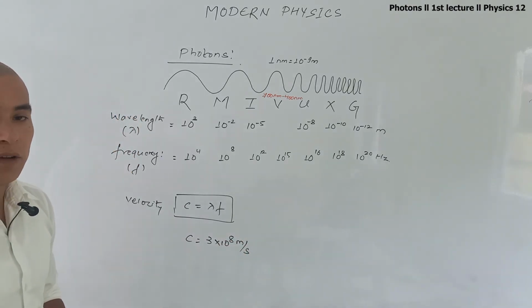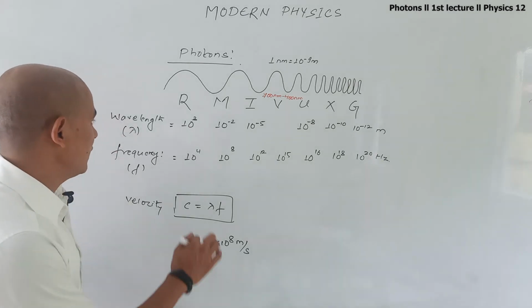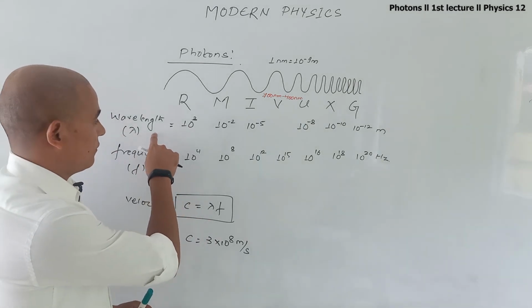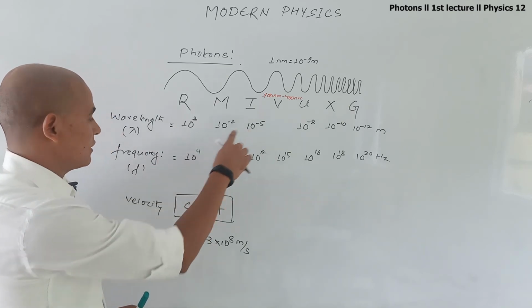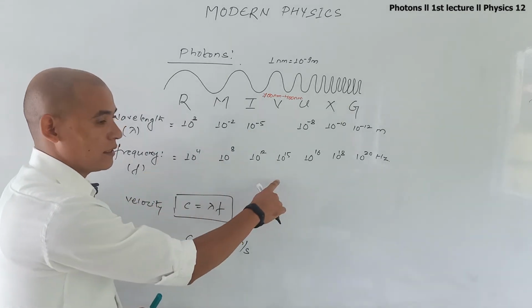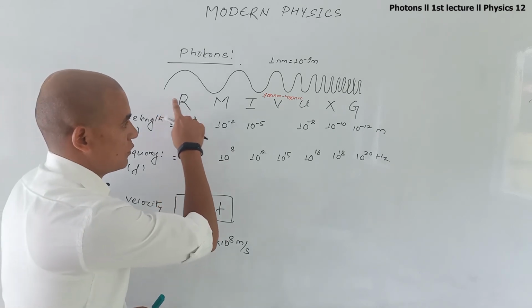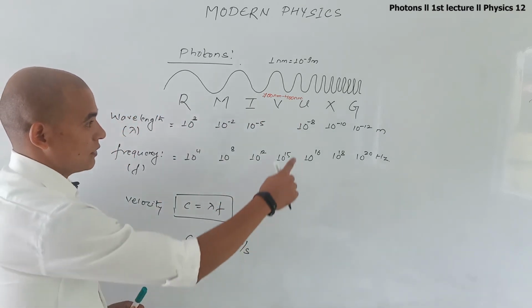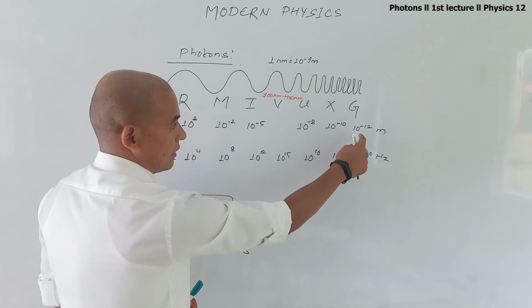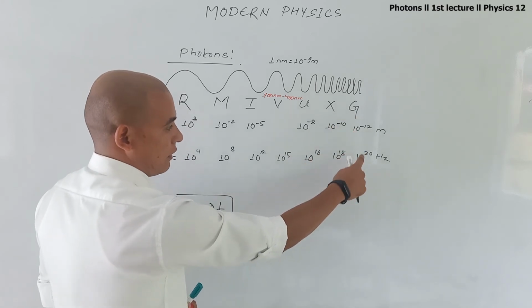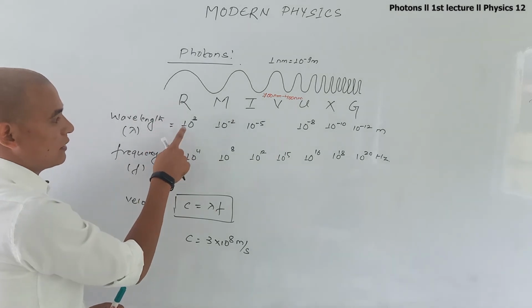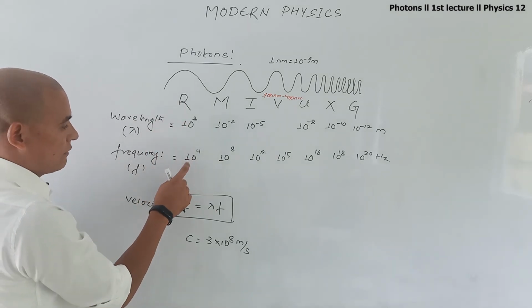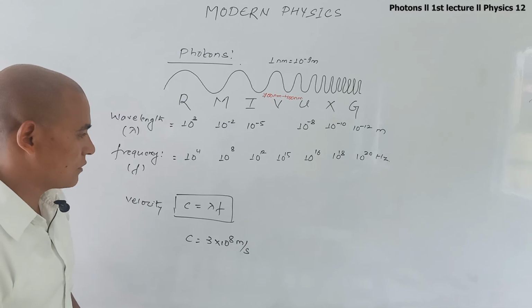Basically, the wavelength decreases and the frequency increases when we move from left to right. Gamma rays have the lowest wavelength and the highest frequency, whereas radio waves have the highest wavelength and the lowest frequency.